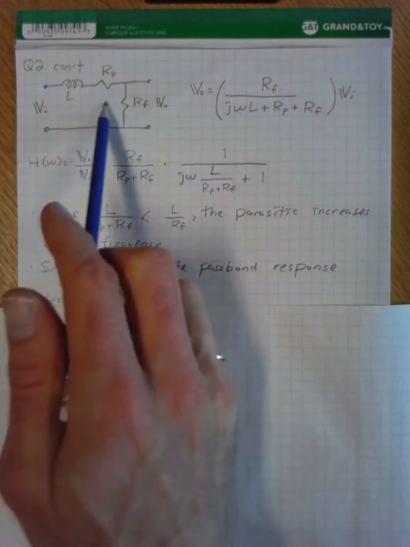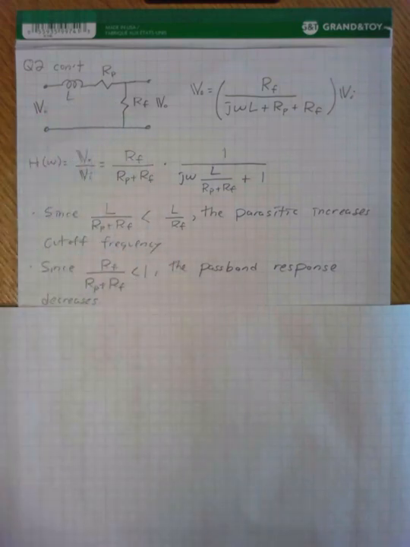Some people put the winding resistance in parallel. A few people put the parasitic capacitance for the capacitor in series. I took a mark and a half off for that, and that was probably the most common mistake. Other people made mistakes, perhaps a few errors in deriving the transfer functions.